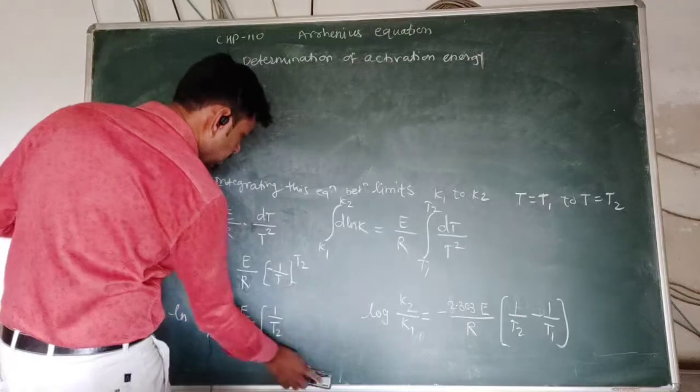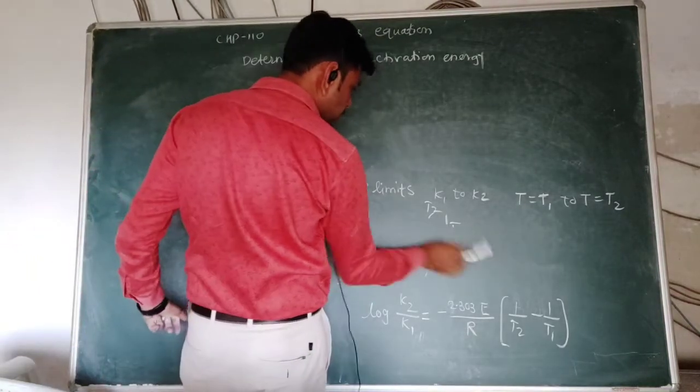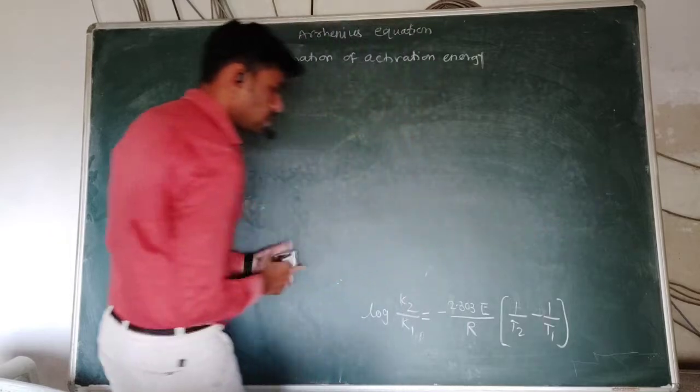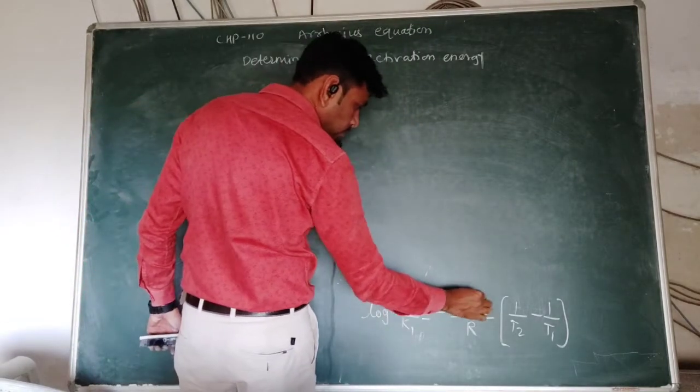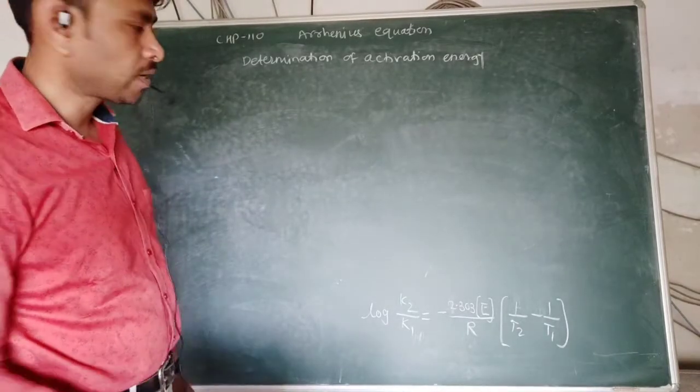In the Arrhenius equation, the activation energy is represented by E.